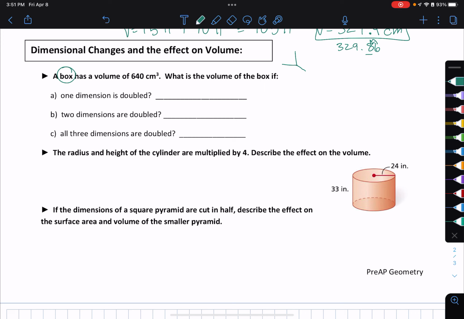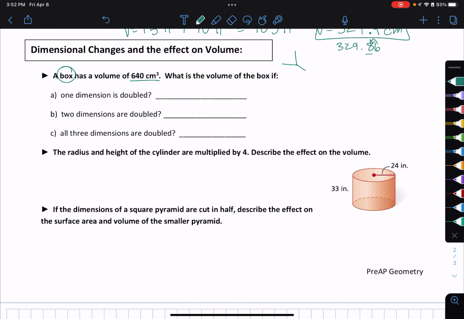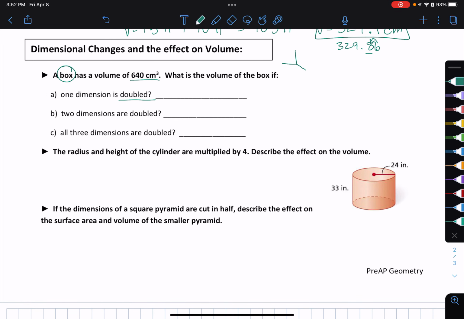Now, if I have a box and it has a volume of 640 centimeters cubed, we're going to try to figure out the volume if one dimension is doubled. So our scale factor, K, is 2. If I'm changing one dimension, think back to how you maybe thought about volume in middle school, like length times width times height.